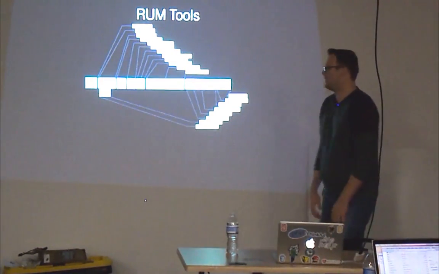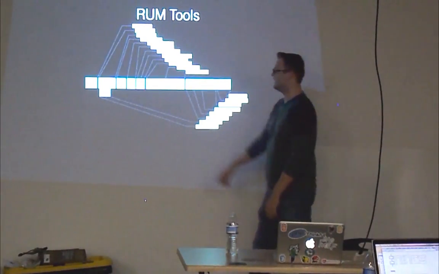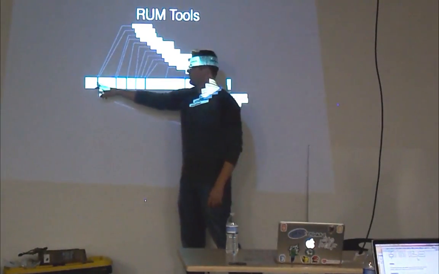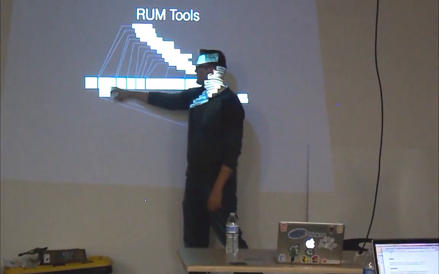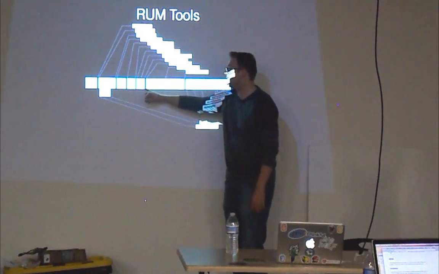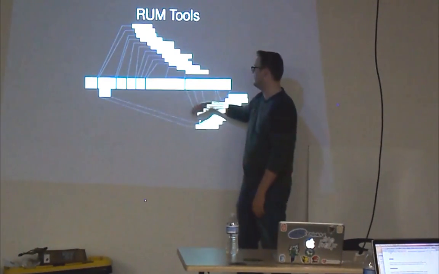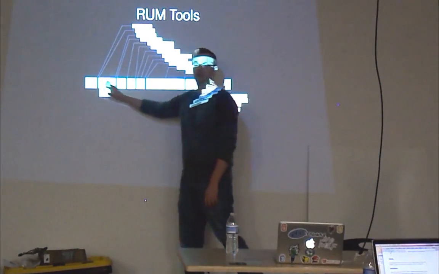So the navigation timing API, we can measure back-end performance by taking when the page unloads, when the previous page unloads, and we can measure the time it takes to do redirects, app cache, DNS, TCP, how long the request to the server took, and the response back. And so that's your back-end time right there.